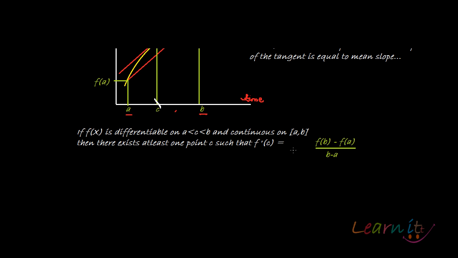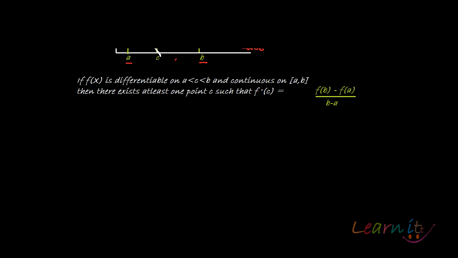Now, an important point that I want to mention out here is that there might be more than one such point. There might be a function, say, like this, which looks like this. Then in that particular case, there will be not just one point but more than that.